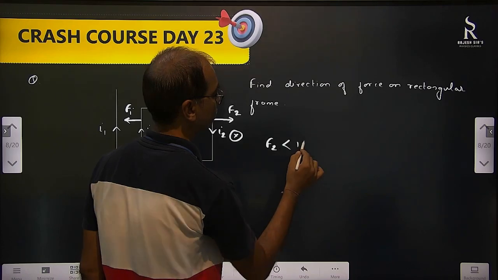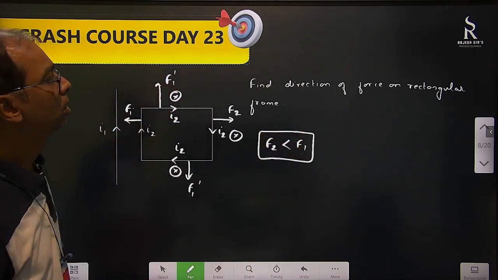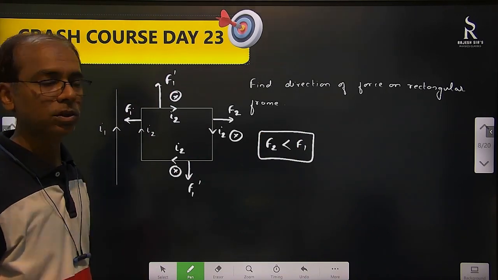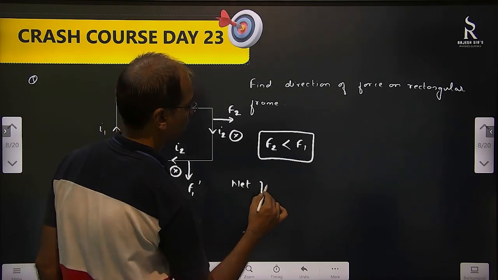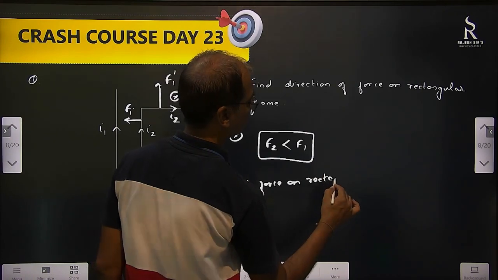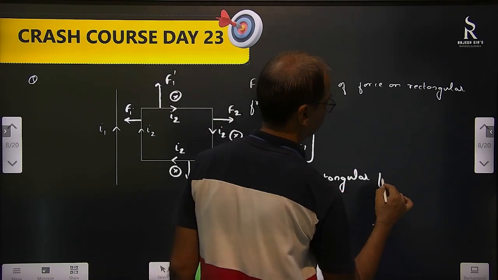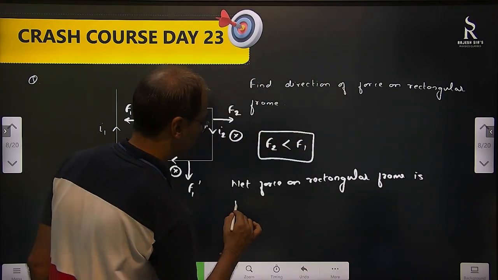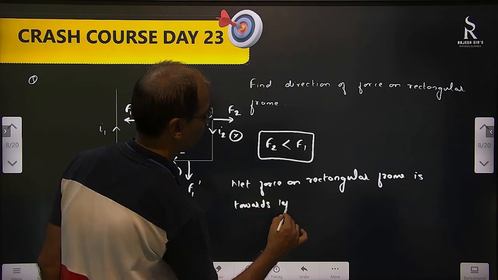So the question asked us in which direction, to find the direction of force on the rectangular frame. So that is towards left. So the net force on the rectangular frame is towards left.